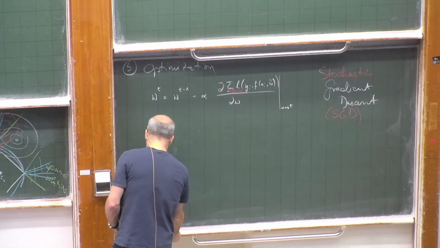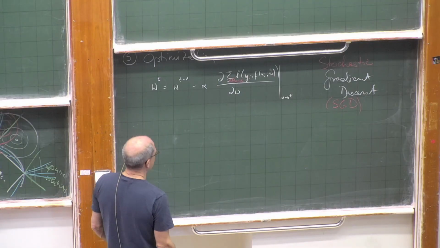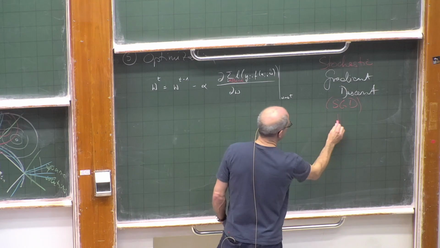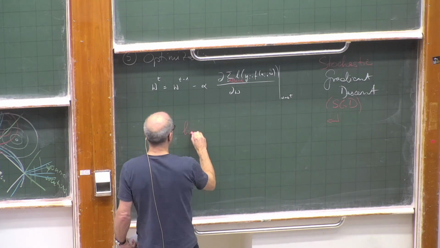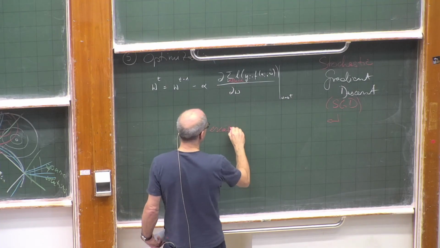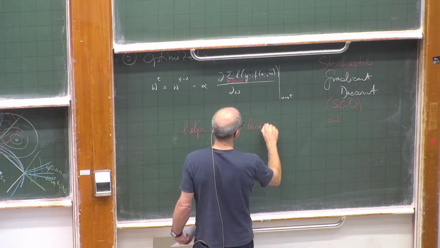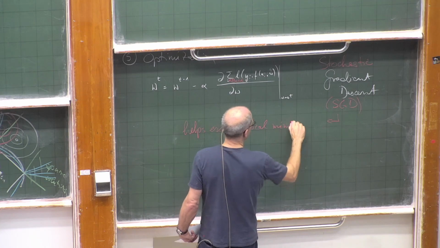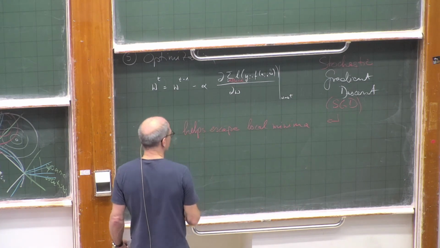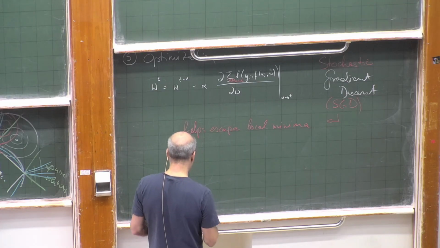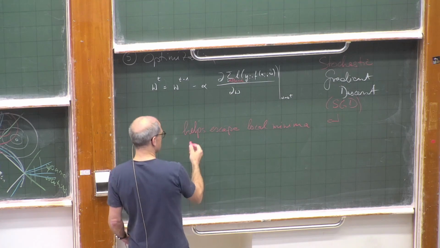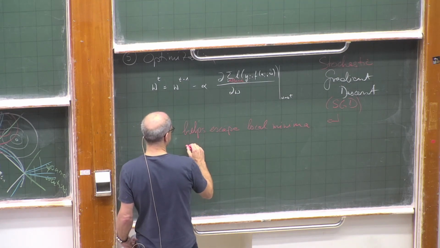Well, and why is that important? Because it really helps you escape. So empirically, what we see is that it helps escape local minima. And it speeds up things incidentally, and it also, it turns out, regularizes.